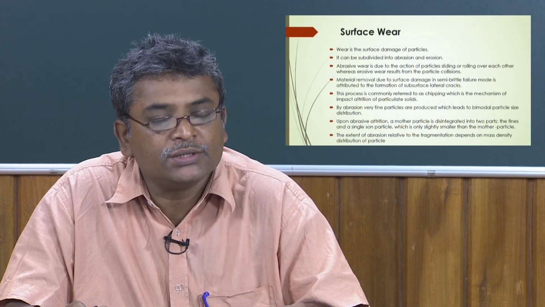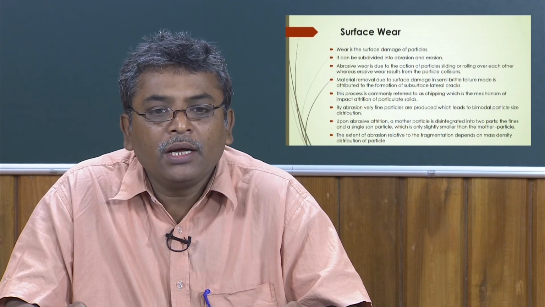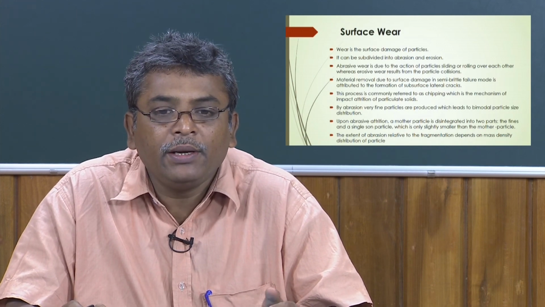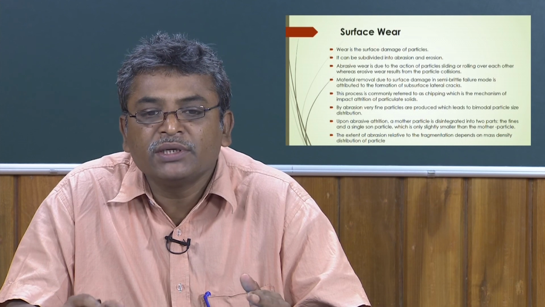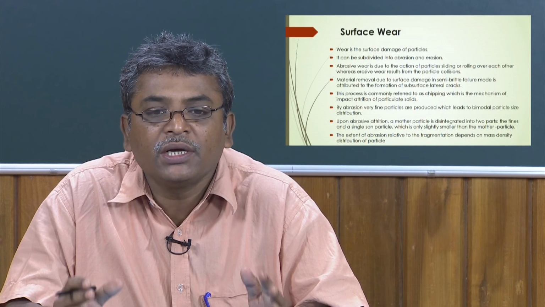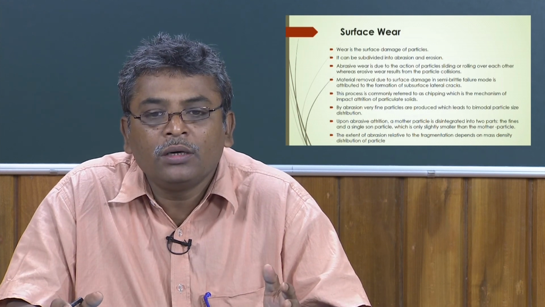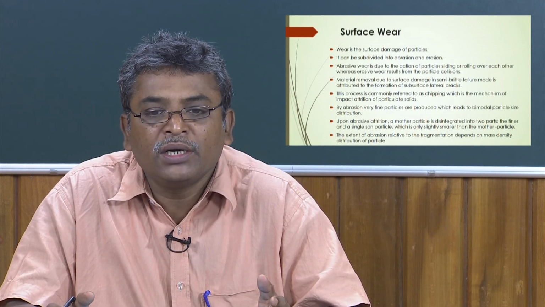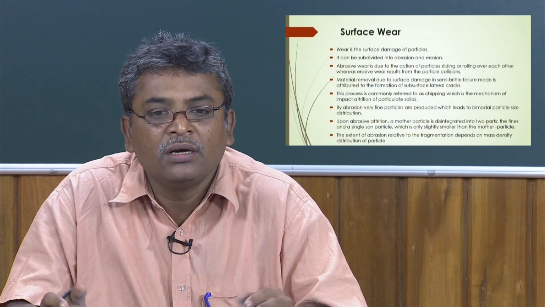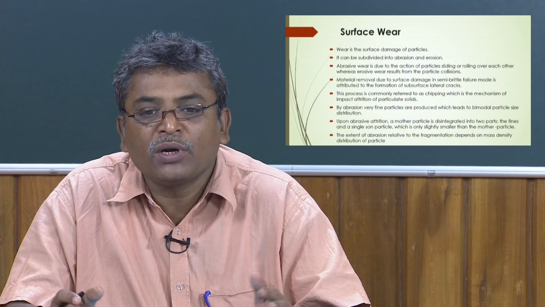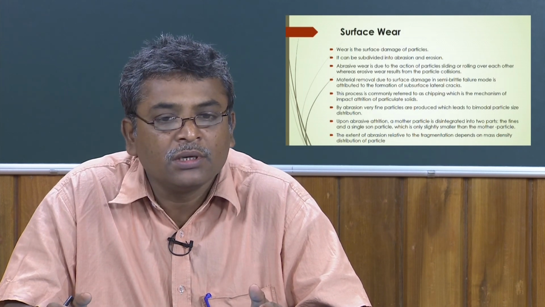which leads to a bimodal particle size distribution. Because of abrasive attrition, a mother particle, or the initial particle, is disintegrated into two parts: the fines, and a single son particle, which is only slightly smaller than the mother particle.